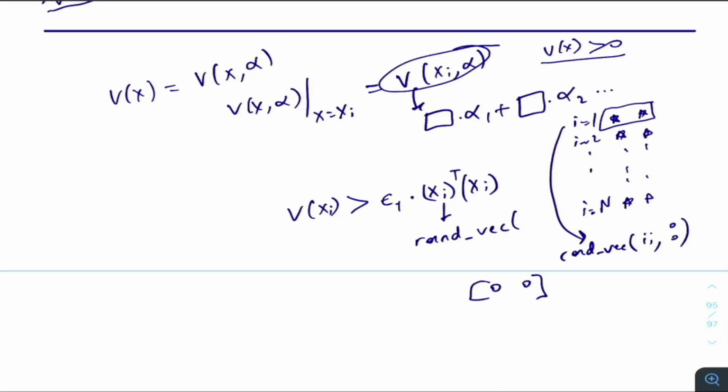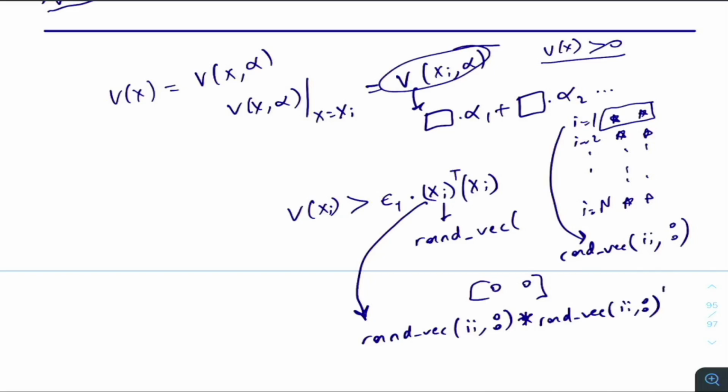For this, rand vec, I'm looking at this ii, all of them, times rand vec. ii, every column, and transpose. Okay, transpose symbol, and here then again times epsilon eps 1.